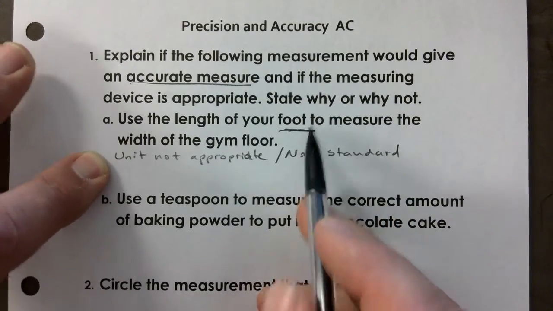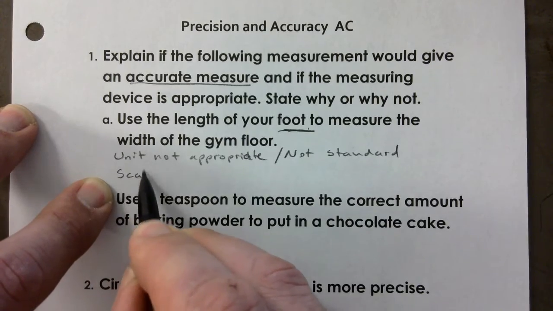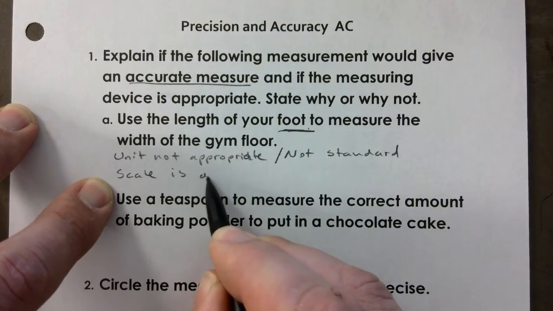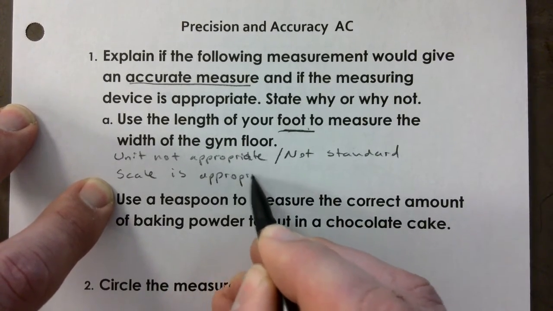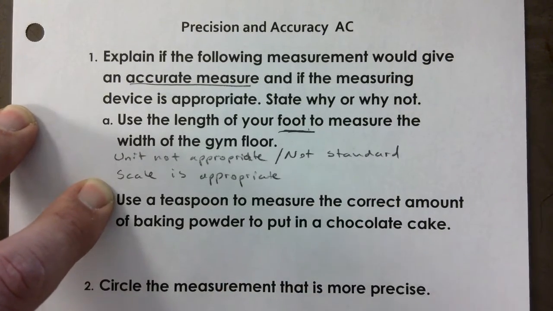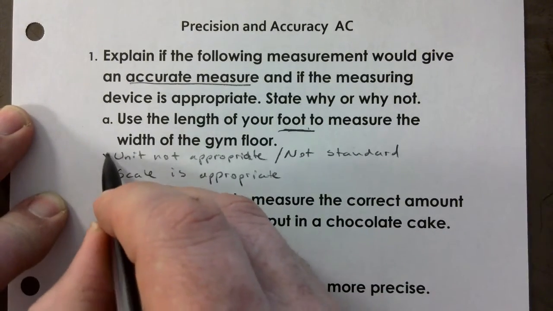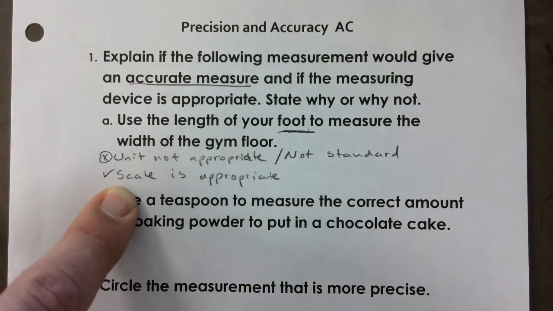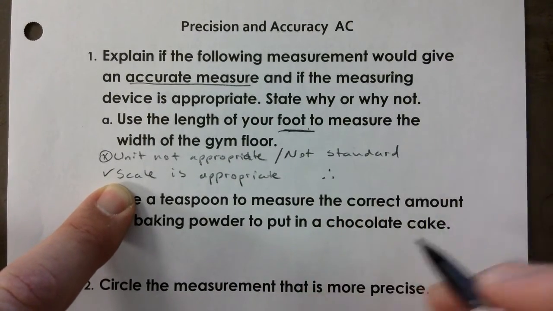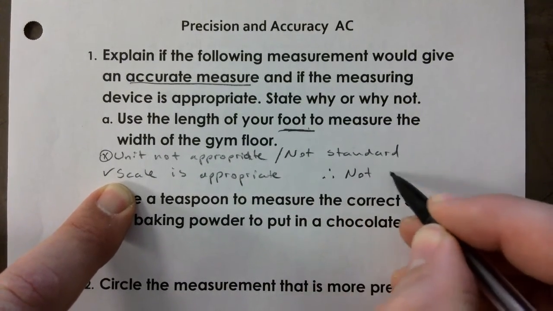You can talk about the unit, and the scale is appropriate. Like using your foot to measure the gym floor, that would actually be good. So the unit fails, the scale is okay, but we still make a final statement: it's not accurate.